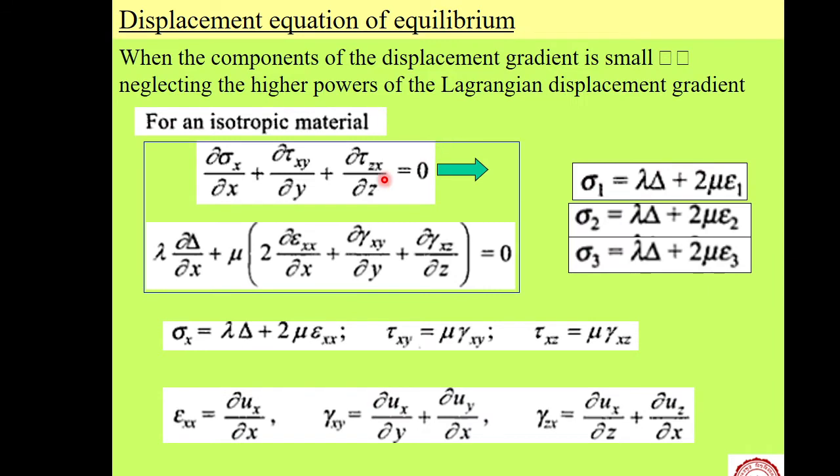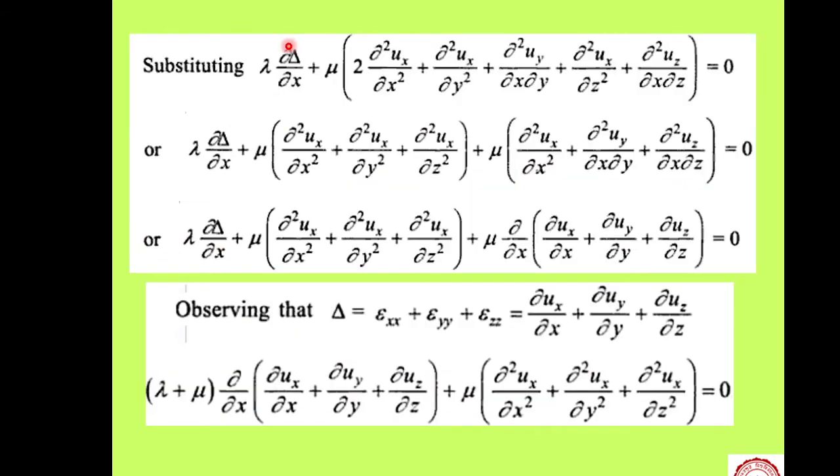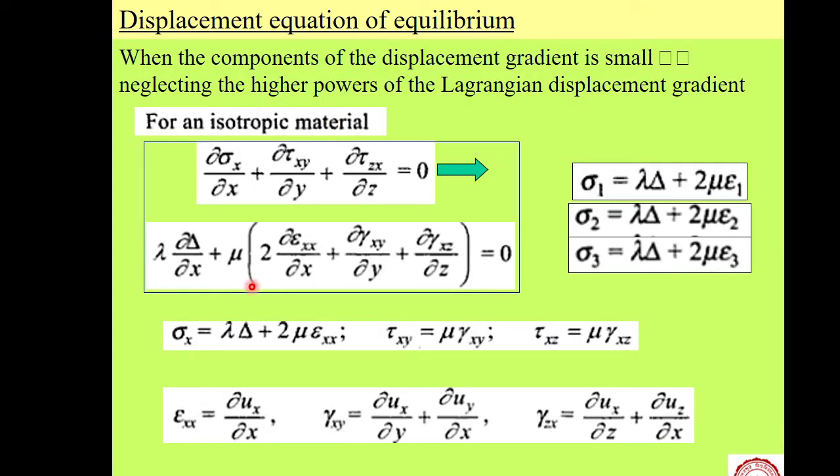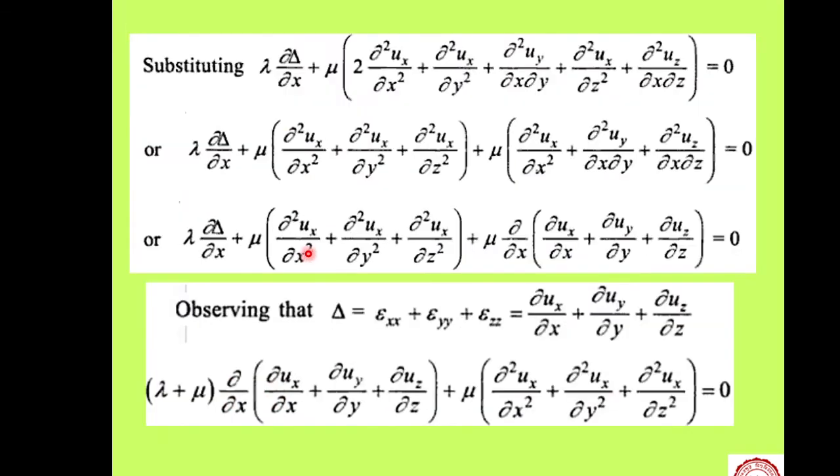This is the first term, we are keeping it here, the same thing. And then with mu, what are we having? Twice del x of epsilon xx. So this is the second derivative, twice del 2 del x2 of ux.